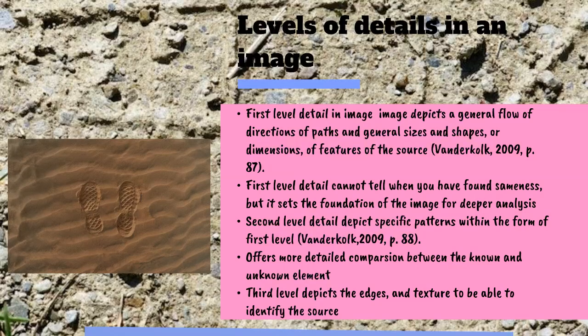Third level details allow us to determine the source. That's why we always need to make sure that the first level detail image is the most important part, because that way we can determine the source by the third level of detail.